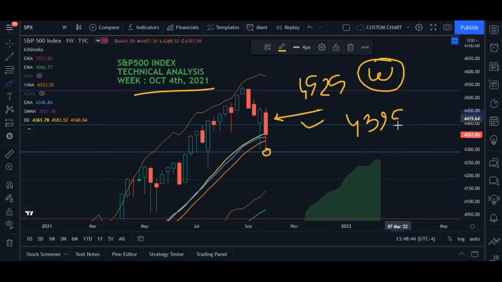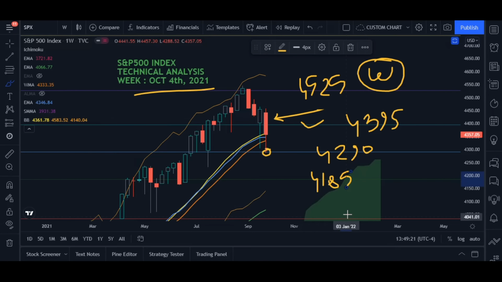This was the support last week, but now it is going to act as resistance because the market has closed below it. Then there is a very good support at 4290, and then very heavy support at 4185. The market is at 4357.